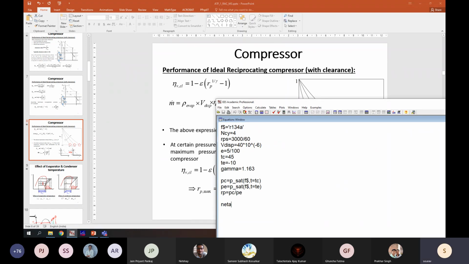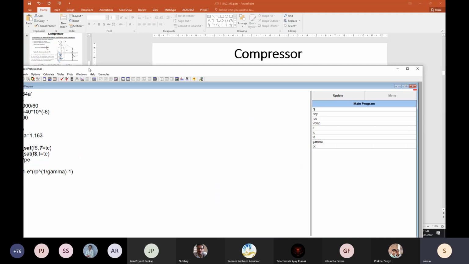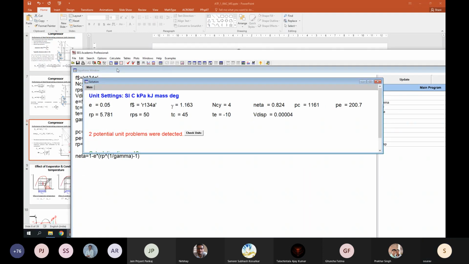Eta equals 1 minus E times the quantity pressure ratio to the power 1 over gamma, minus 1. Okay, let's check quickly eta.